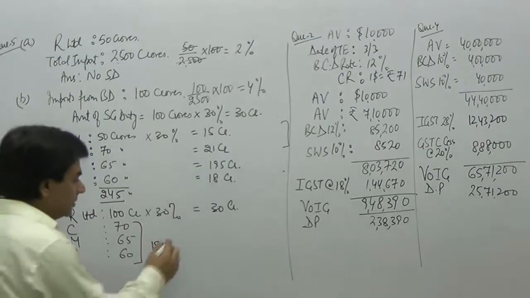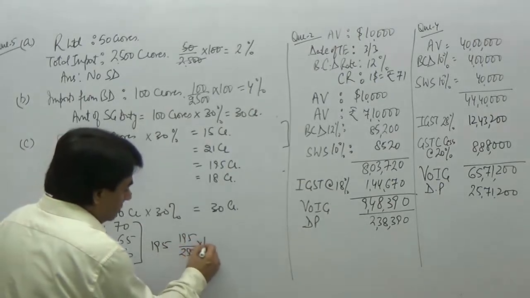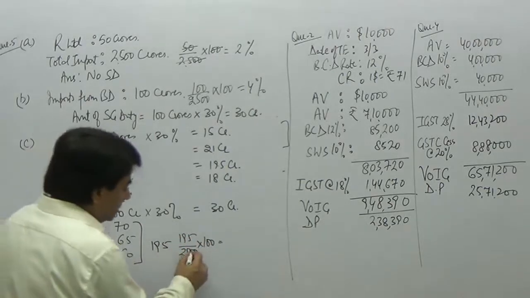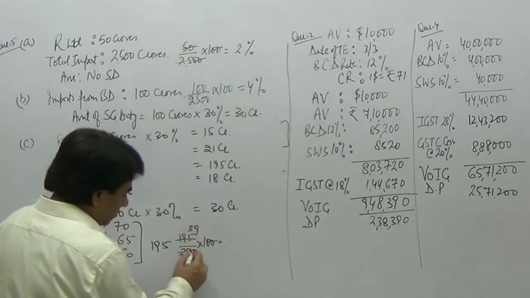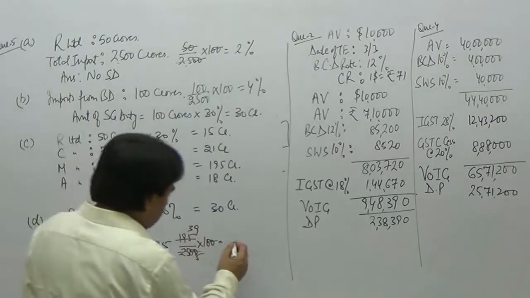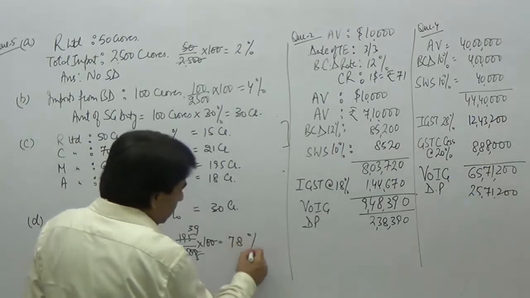And 195 on 2500 crores multiplied by 100 comes to 39 by 5, which would be 7.8% only.